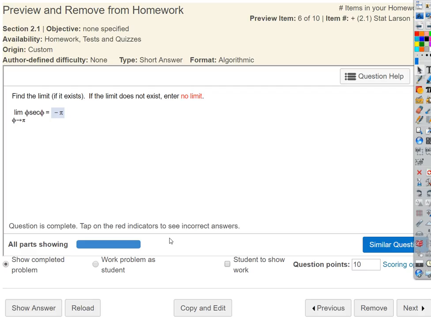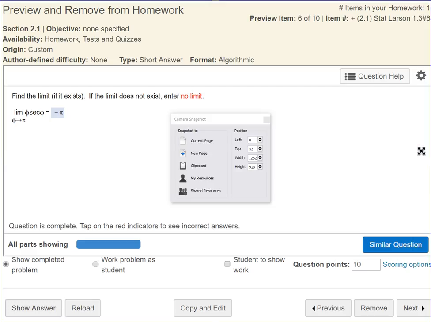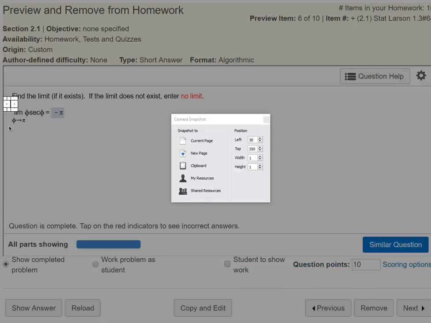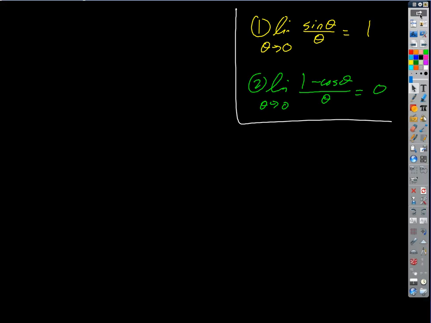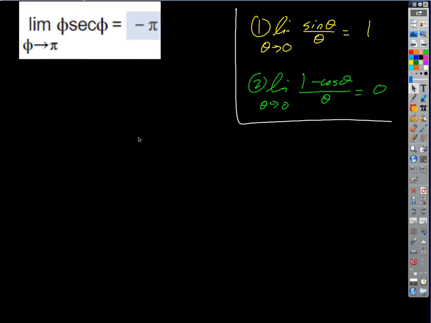Let me grab this and make it bigger. That doesn't match up well with either of our special limits, does it? They're using phis there. Phi versus theta doesn't make any difference. It's like x versus y, just a different angular variable.